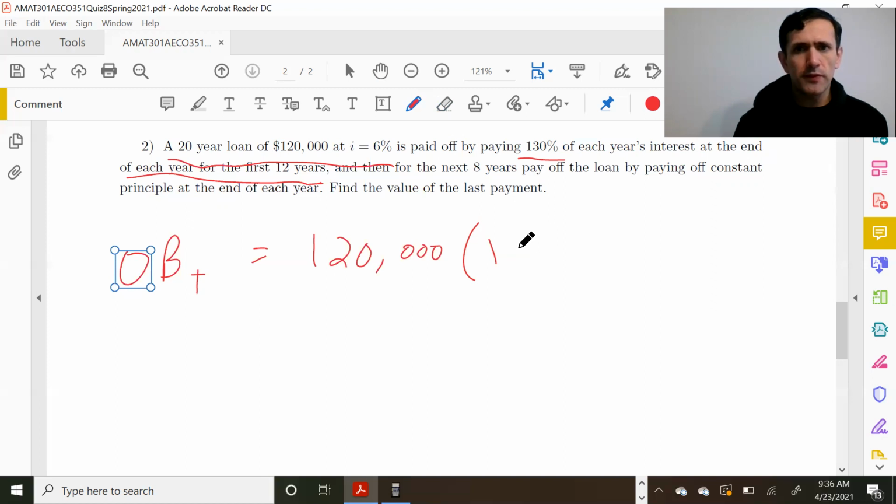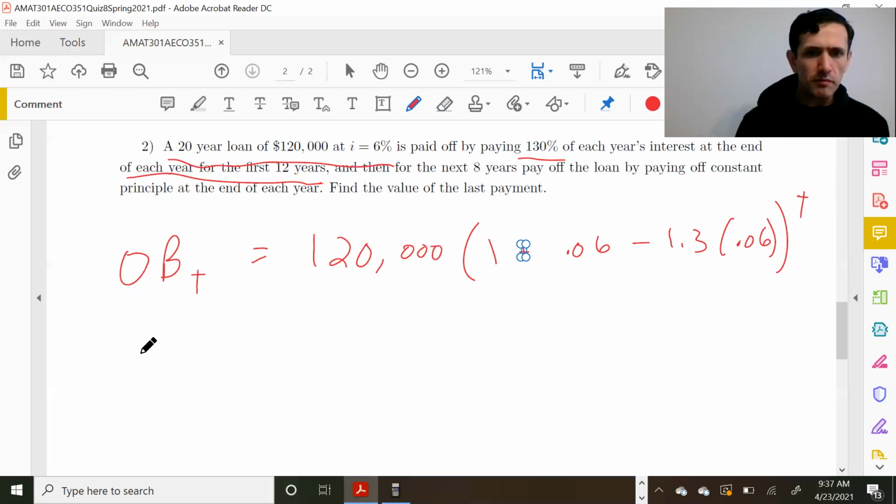So watch the video and you'll know the formula. It's 1 plus your interest rate minus 130% as a decimal, 1.3 times your interest rate, raised to the t. Okay. So this gives you 120,000.